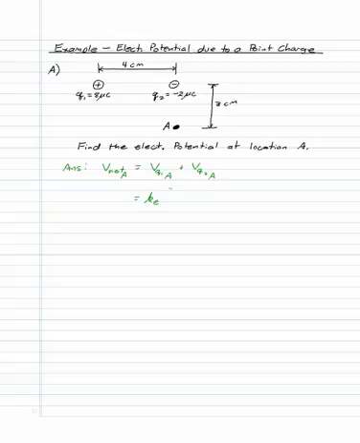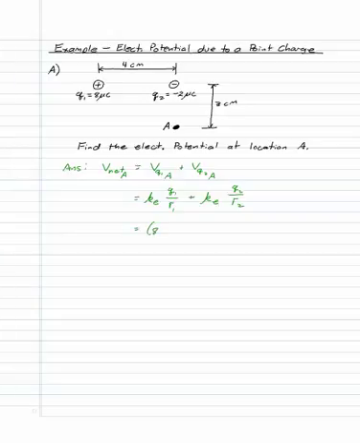So that's K Q1 over R1 for the distance. So that R1 is going to be the distance from the location of Q1 to the location of A. And then we add that to the other one, K times Q2, and that's over R2, which is the distance from Q2 to location A.